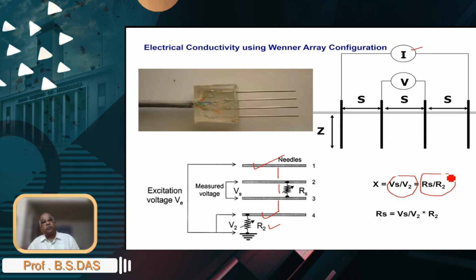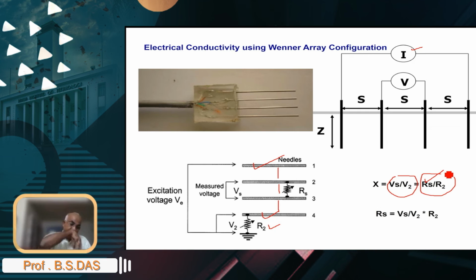You measure the voltage V2, you measure the voltage Vs, you already know the resistance R2, which is a standard resistor, and you know the applied voltage Vs. So the only unknown is Rs, the resistance offered by the soil itself.